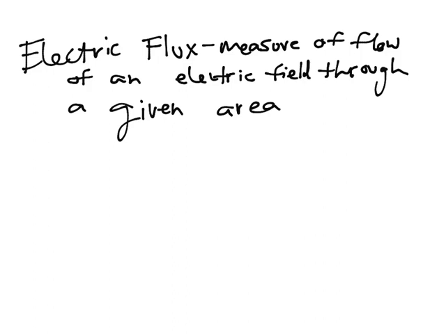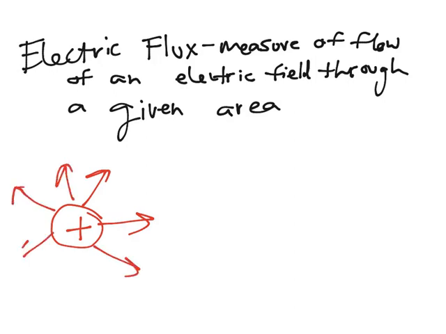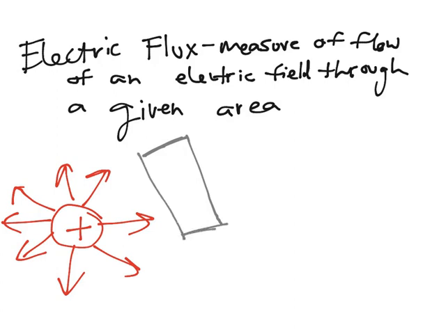So electric flux is a measure of the flow of an electric field through a given area. So these definitions are highly related. So if we still have that positive charge giving off its positive field lines, we could then, say, put up some sort of surface to measure how much flow will go through that surface.